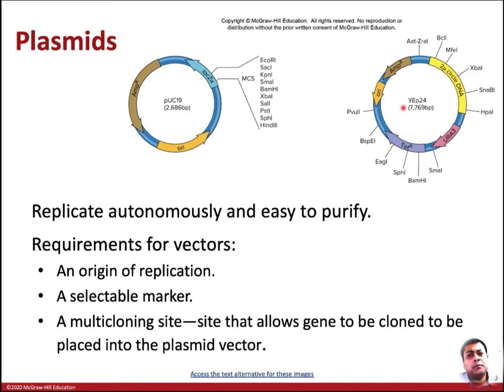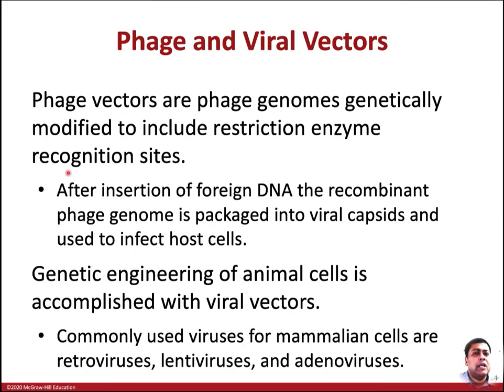So you can put 10, 15 kilobase pairs, or 10,000 base pairs or 15,000 base pairs of DNA into these. But if your DNA size increases, you have to use something else. So the phage vector genomes are genetically modified, which can also include restriction enzyme recognition sites. A very popular one is an E. coli lambda phage.